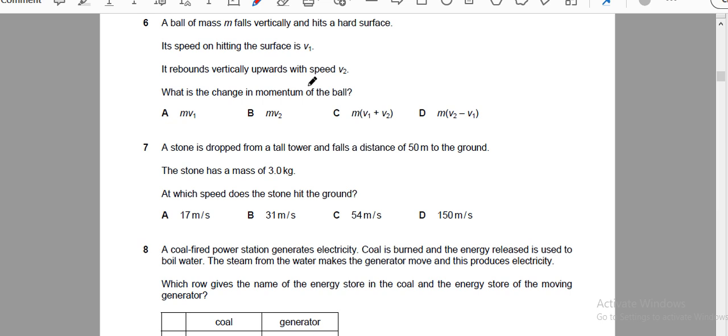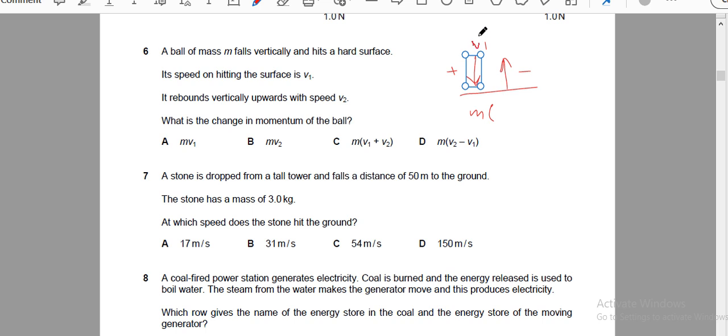A ball of mass M vertically hits a hard surface. The speed of hitting is given. It rebounds vertically upward, so it falls downward and rebounds upward. If velocity downward is positive, upward would be negative, and the change in momentum will be mass times (V2 minus V1).